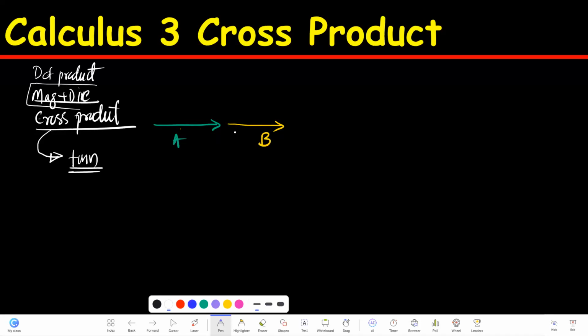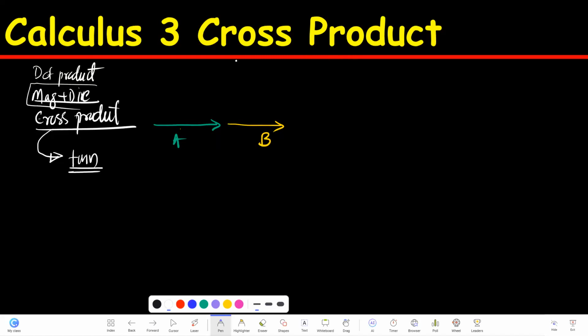But just answer me a simple question. Between vector A and B, do you think B is able to rotate A, or A able to rotate B? Yes or no? Are they in the same direction or in the opposite direction? They could not rotate.